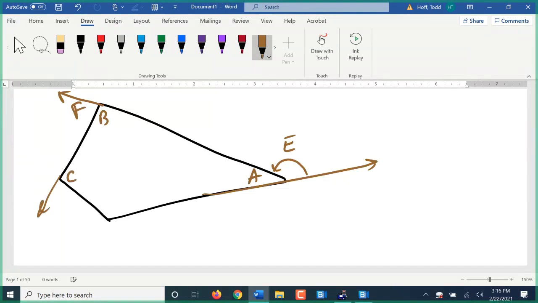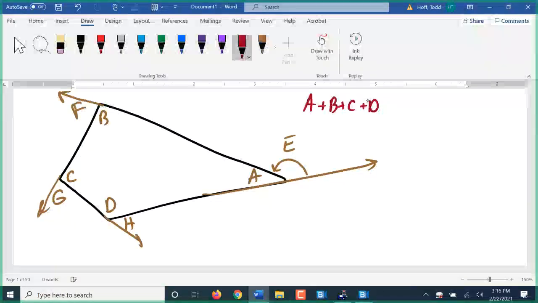Call this C and G. Add up to 180. And then, of course, D and H add up to 180. Now we have all of those together. Add up to how much? 180 times 4, which is 720 degrees.